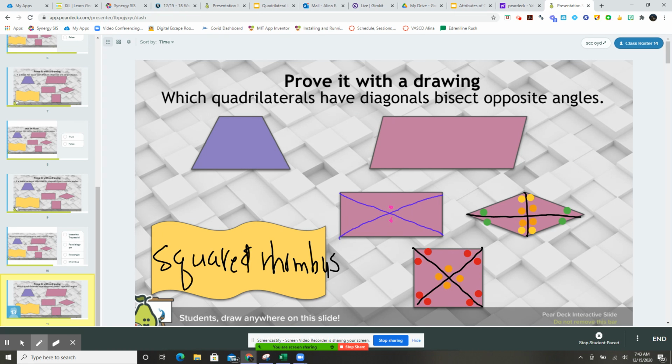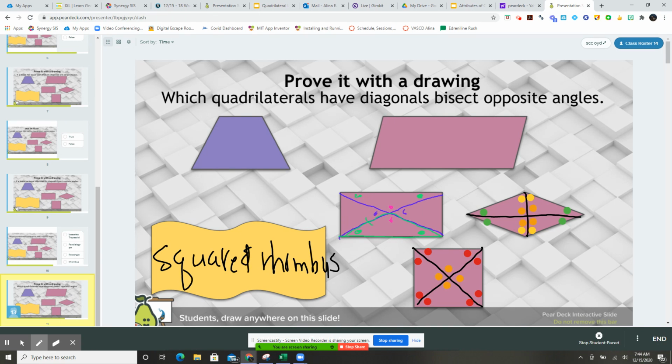So those two pink vertical angles are the same. And those two purple vertical angles are the same. This angle and this angle are the same. And it's actually also the same as these because we've got an isosceles triangle here.